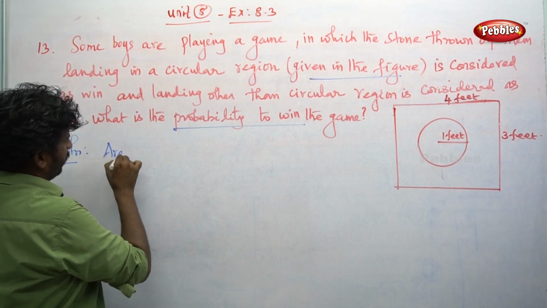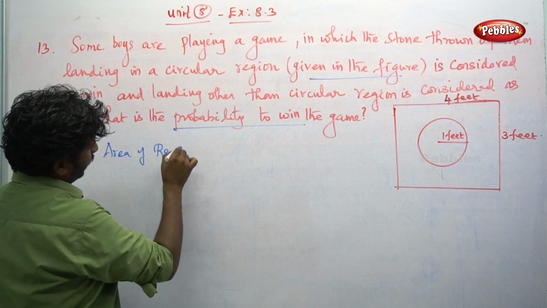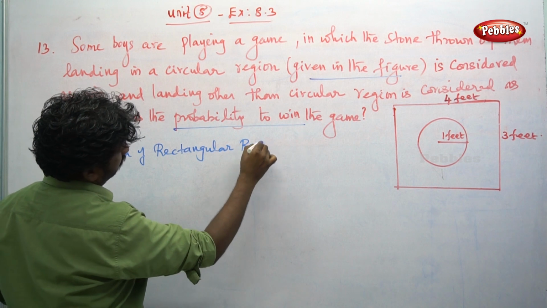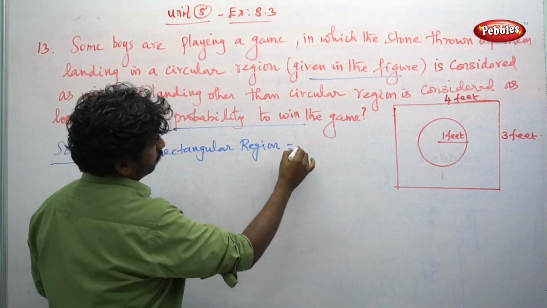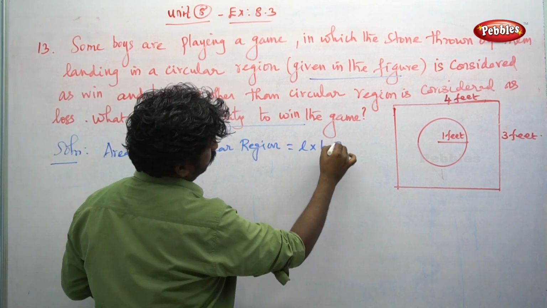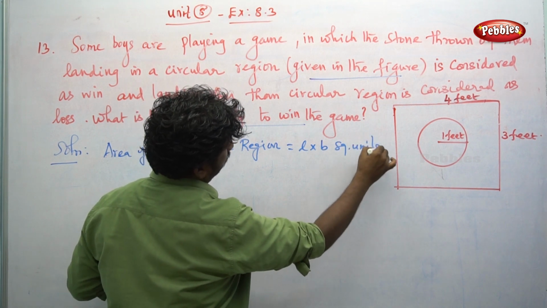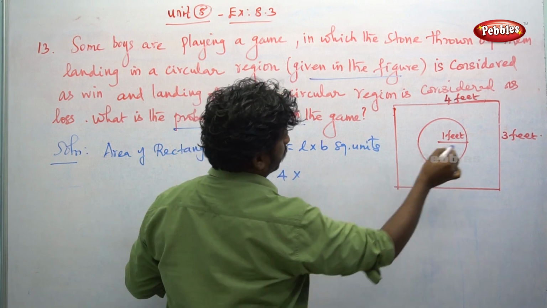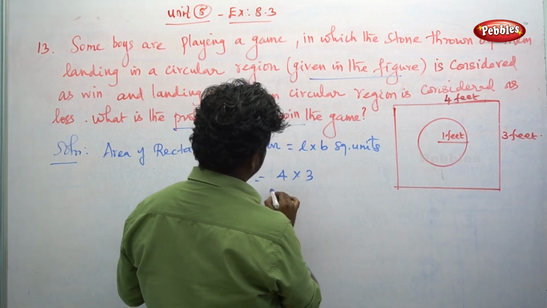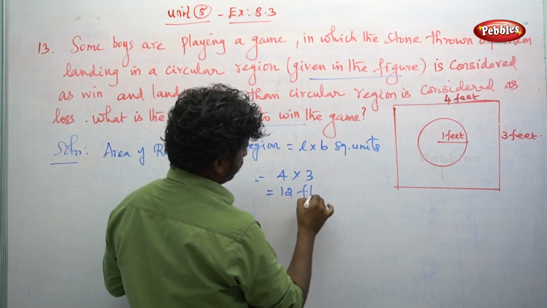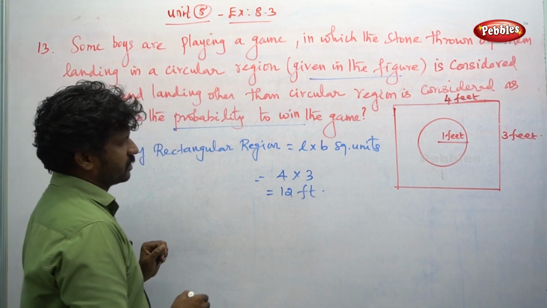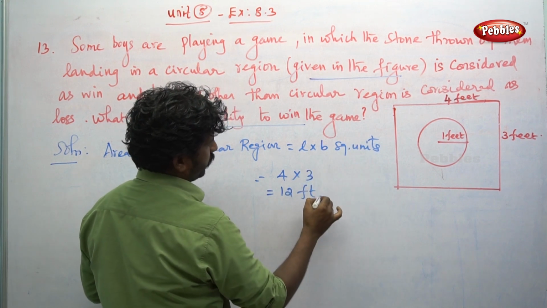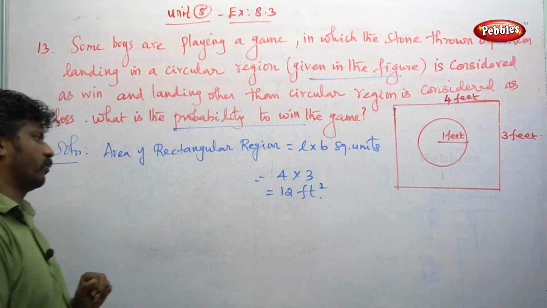So the area of the rectangular region, children, is equal to, already you know, the L into B square units. This is the area of rectangular region. Here 4 into breadth 3. So 4 3s are 12 feet square units. Feet square is enough.